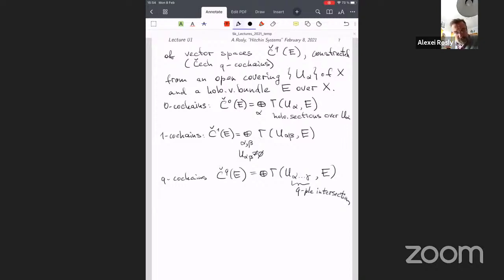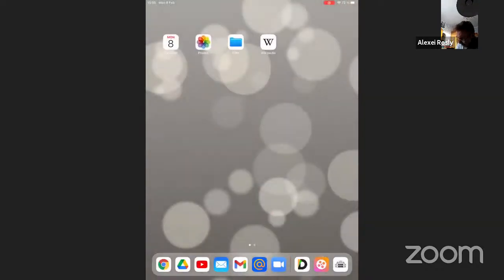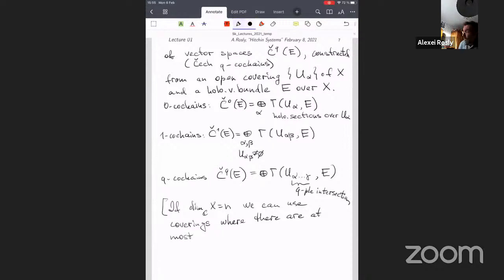One can always choose a covering where, if the complex dimension of X is n, and the real is 2n, there are at most 2n plus 1 intersections.